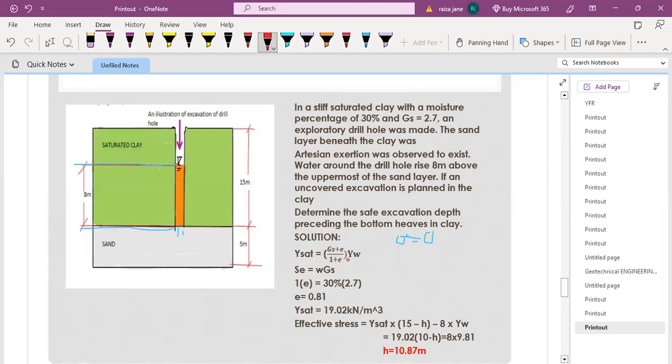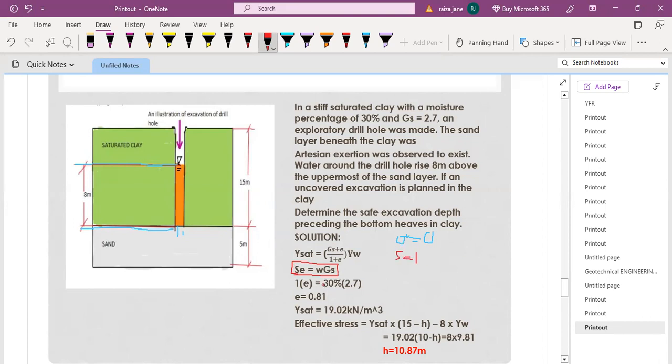And then, for our clay, our saturated unit weight is equal to specific gravity plus void ratio over 1 plus e, multiplied by the unit weight of water. So, before we solve that, let's get the void ratio first. We know the formula. Our saturation S will be 1.